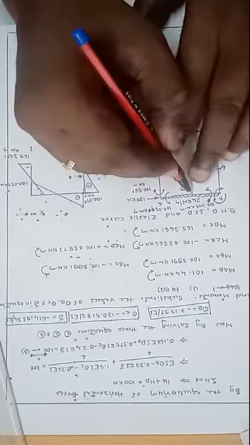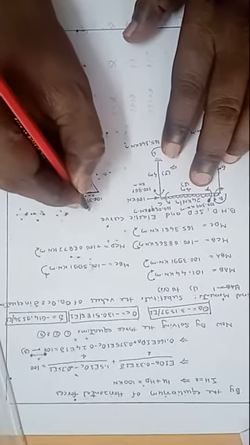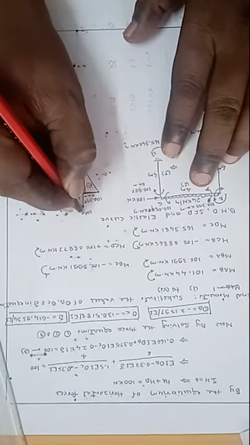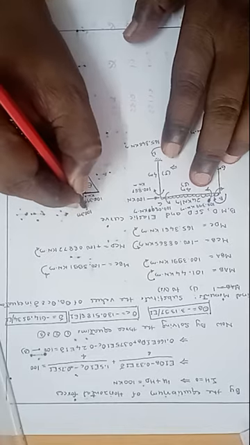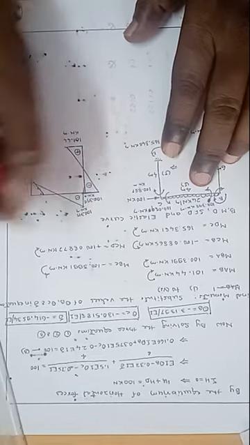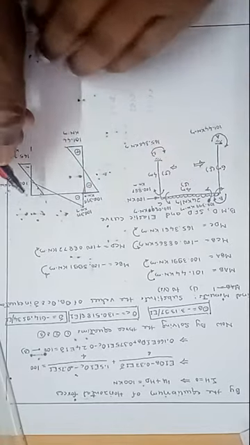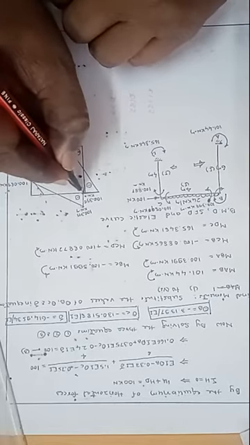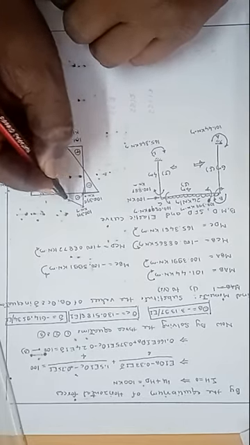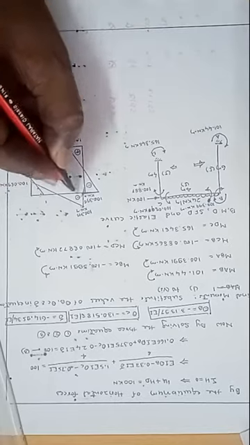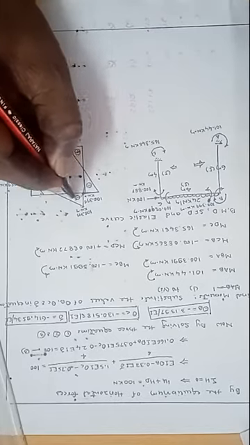Then this is subjected to UDL of intensity 24 kilonewton per running meter, the simply supported beam bending moment. At supports B and C, the bending moment is 0.